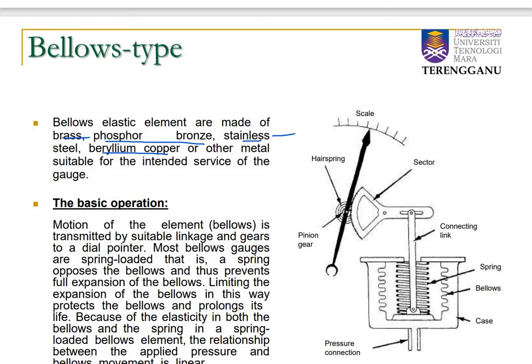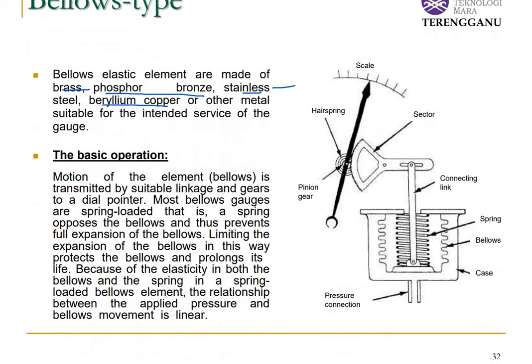So the basic operation for this bellows type is, there is a pressure exerted in here, so this spring will move according to the pressure exerted. When the pressure is exerted here, the spring will move up and cause this sector to move, and this sector will cause the scale to move according to the pressure exerted.